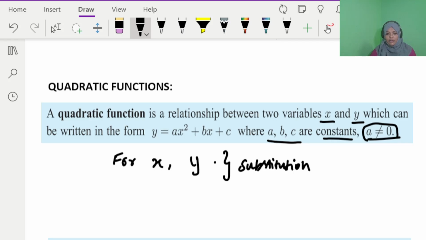So 3 times 2 the whole square plus 2 times x. In place of x, I'm just putting 2. So that would be 3 times 4 plus 4. That is 12 plus 4, which is 16. So the value of y is 16. When I put the value of x to be 2, we get the value of y to be 16.